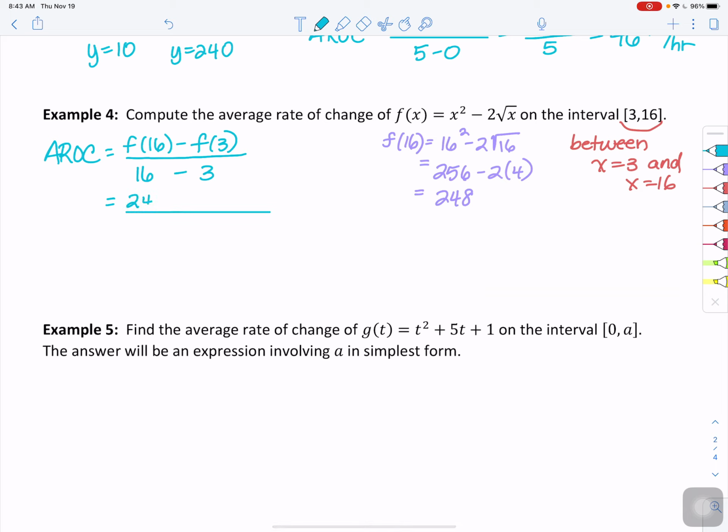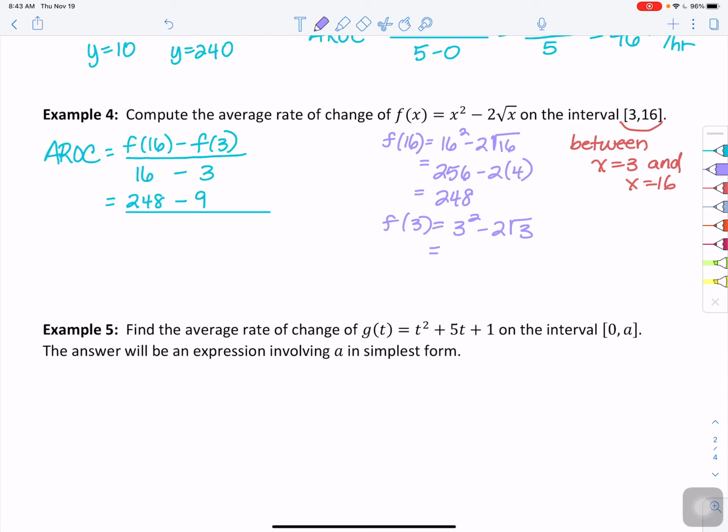So we have 248 minus, now let's find f of 3. That's 3 squared minus 2 root 3. Kind of a mess. Why don't we go ahead and find this first? So that's 9 minus 2 root 3.